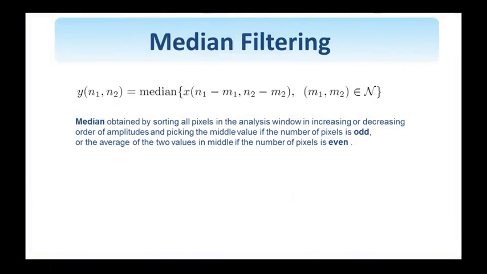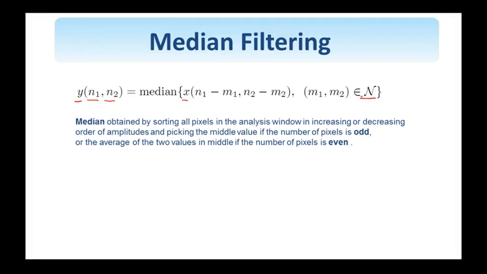A commonly encountered filter in image enhancement is the median filter. Let's see how it is defined. Let X be the input image, Y the output image. So the value of Y at location (n1, n2) can be found by considering a neighborhood around the pixel (n1, n2) of the input image.